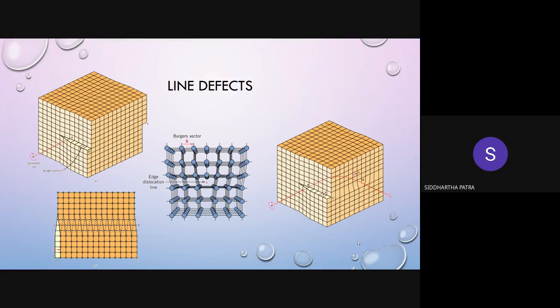The direction of the Burgers vector is the direction in which the dislocations move, and as the dislocations move, the plastic deformations happen. The macroscopic behavior, that is the plastic deformation, the plastic strain, is a result of the shift of the dislocations. And the dislocations move in the direction of their Burgers vectors.